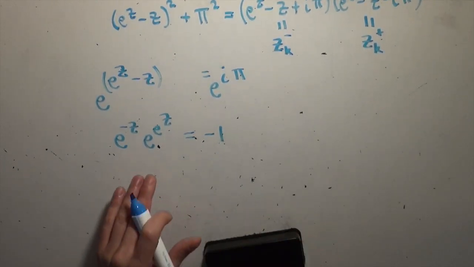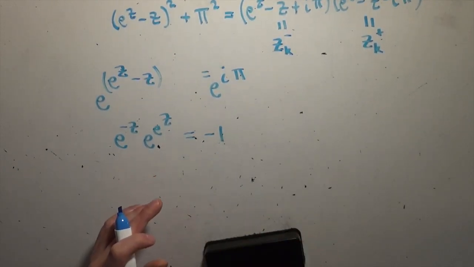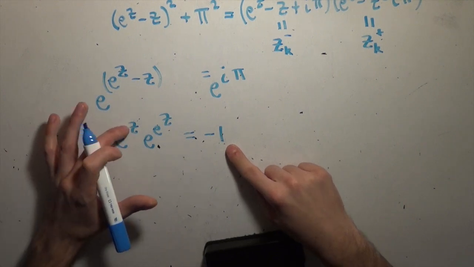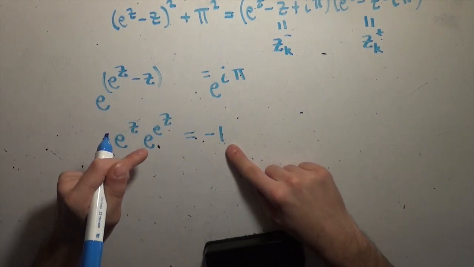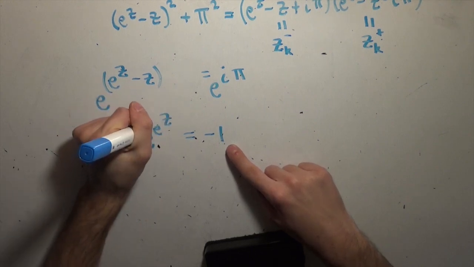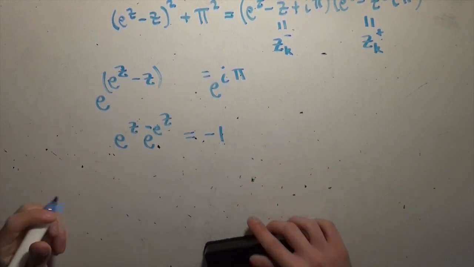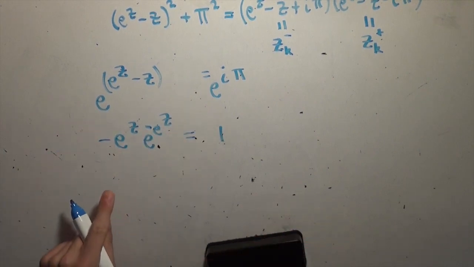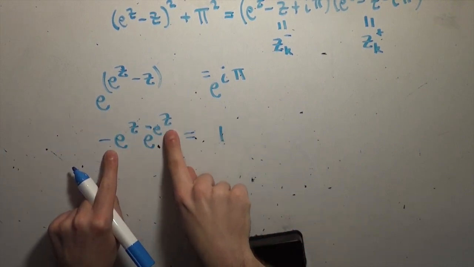And what we want to do now is reciprocate both sides. So the reciprocal of negative 1 is just negative 1. 1 over e to the negative z is e to the z, and 1 over e to the z is e to the negative e to the z. Then we multiply both sides by negative 1.